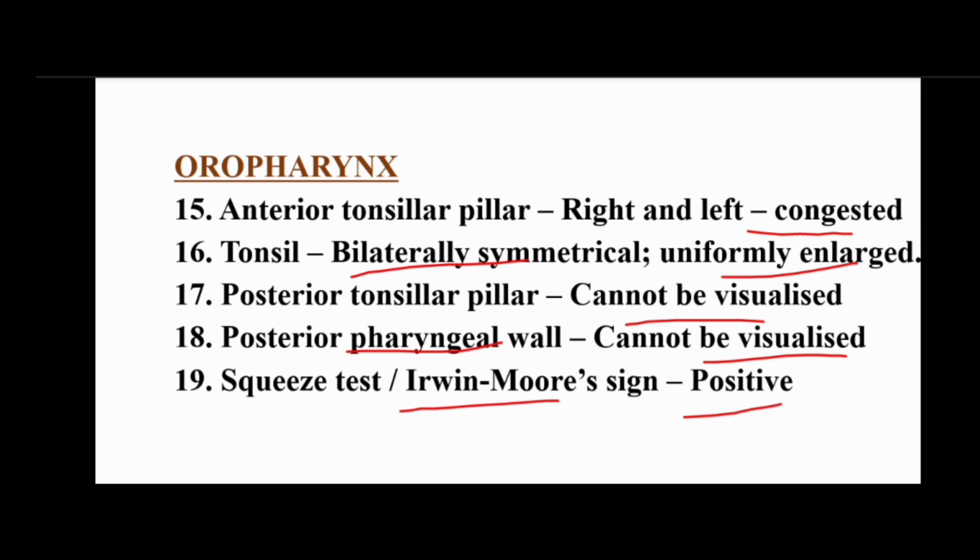The Irwin Moore sign is when we press the anterior tonsillar pillar, the pus accumulated in the tonsillitis is excreted. If it is present, that is positive. If it is absent, that is negative.